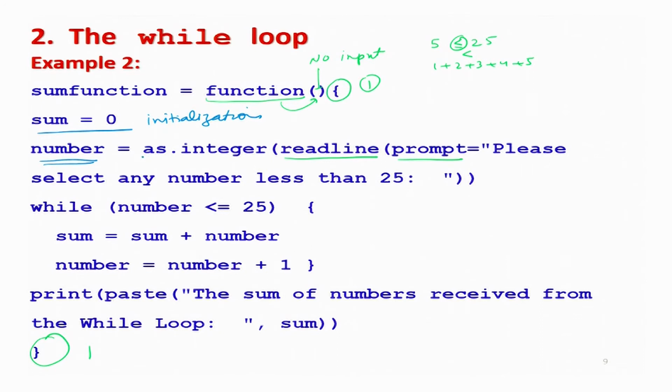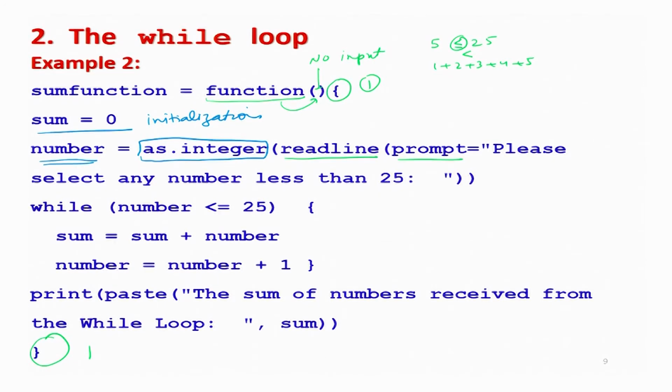So, I use the command as.integer. Now, do I really need to explain the meaning of as.integer? This simply treats any input variable as an integer, which you know, right, because you have done such commands earlier.